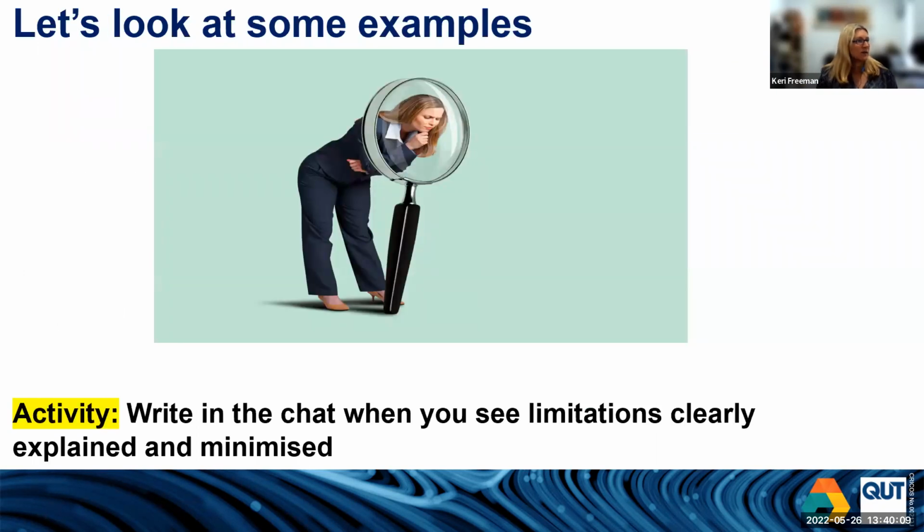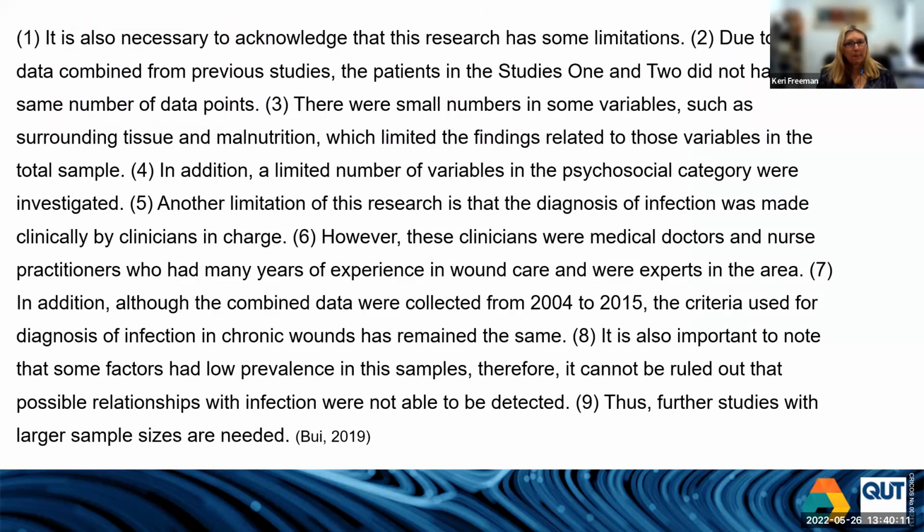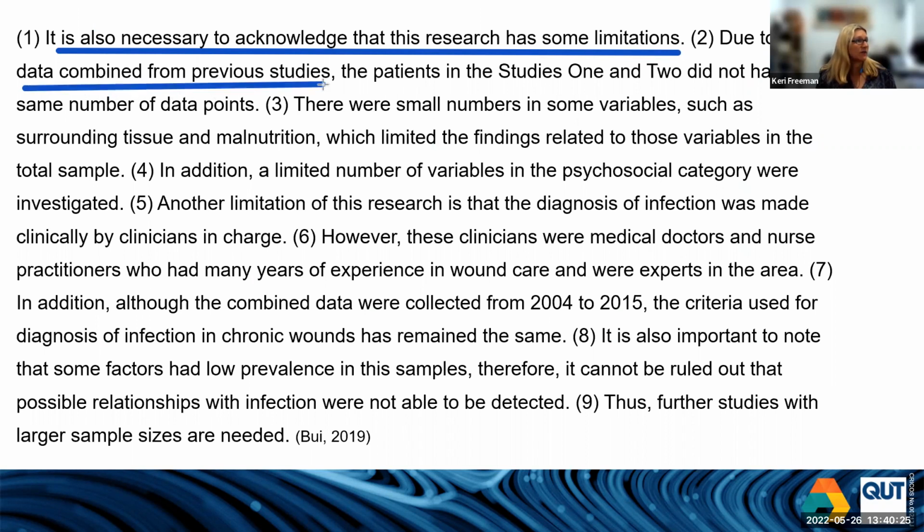Let's have a look at some examples. Right, we need to acknowledge the limitations. This is from the wound care thesis. So he, or she, used data from previous studies. Small numbers in some variables limited the findings.